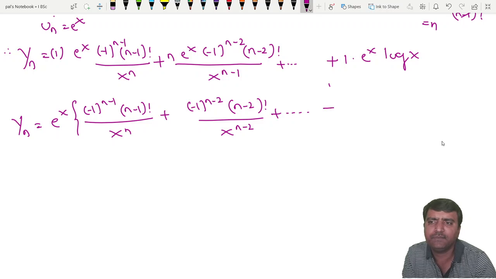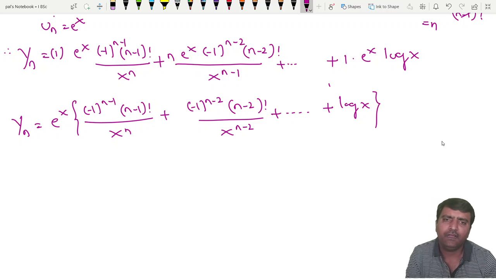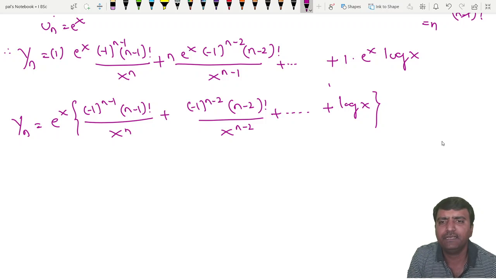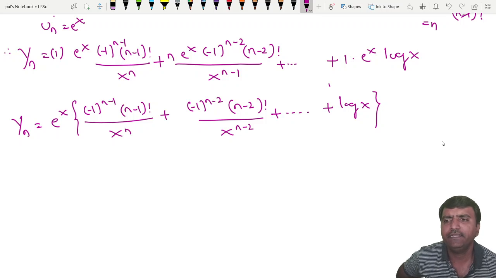The last term is log x only, since we already took e to the power of x as a common factor. You can simplify this by taking n factorial in the numerator as a common factor.